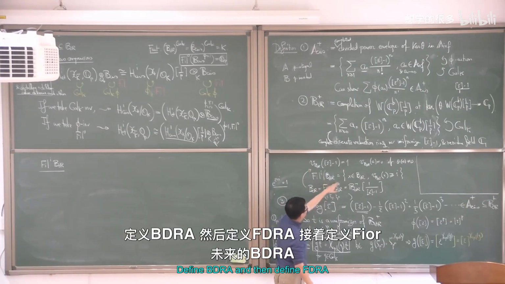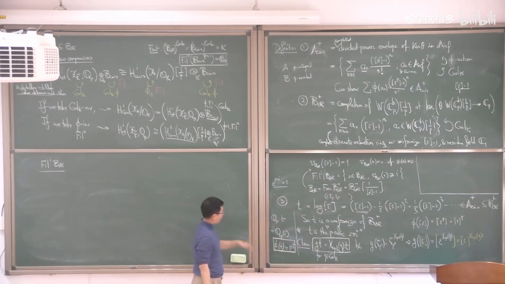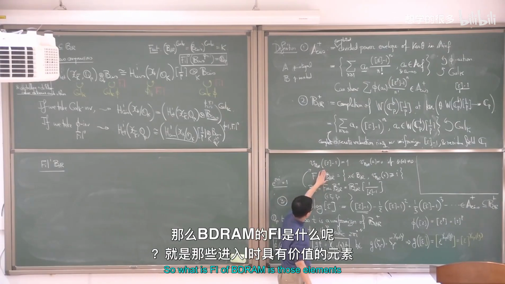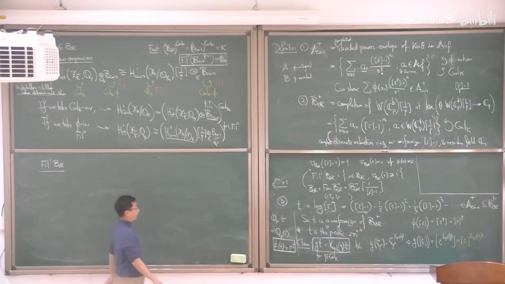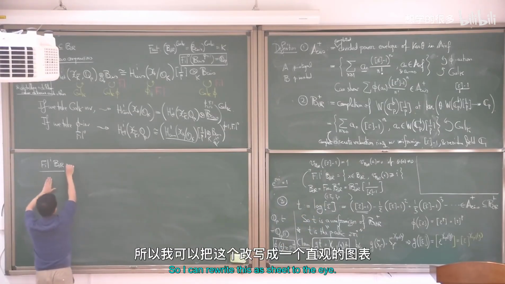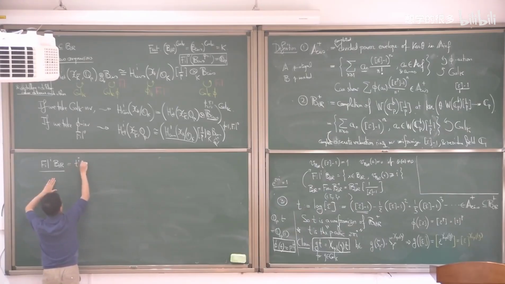Define B dR as so, and then define the filtration of B dR as so. Right. So Fil^i of B dR is those elements with valuation at least i. So I can rewrite this as t to the i times B dR plus.